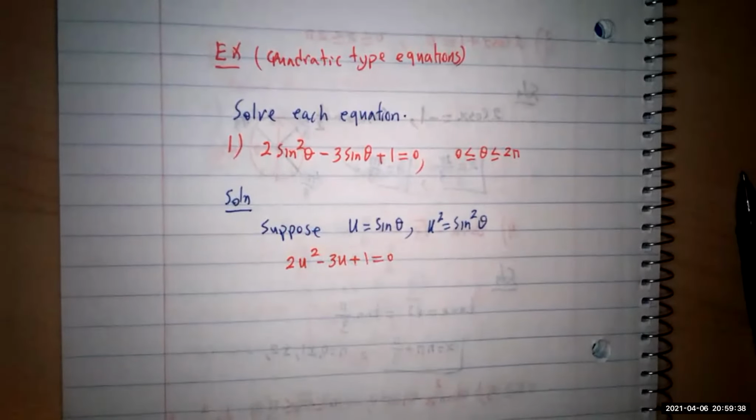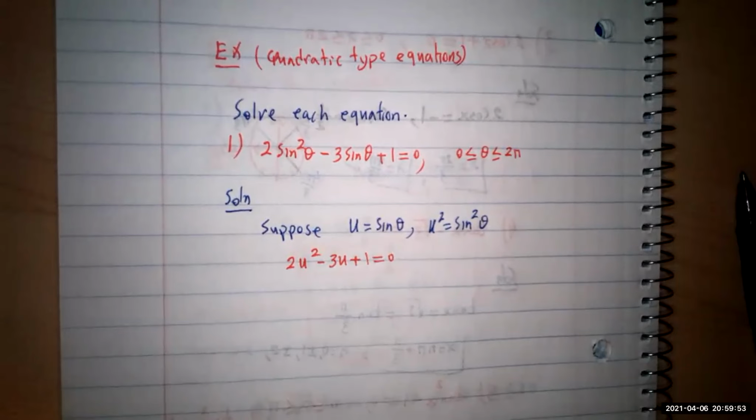Now this is a quadratic equation, and that's why we call them quadratic type. So you go ahead and solve this equation. You can factor it if you feel comfortable, or most of the time you can use the quadratic formula to get it. I just use the quadratic formula to tell you that it's not always going to be nice, but you can factor it if you like.